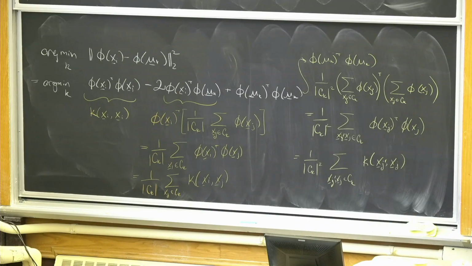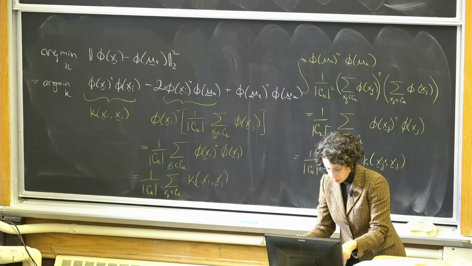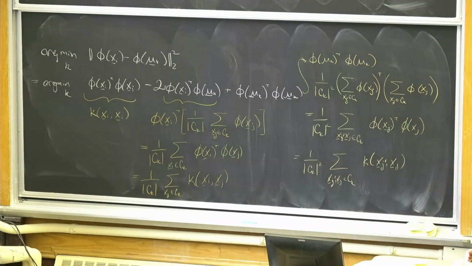Now we have an expression for this thing we're trying to minimize when we are making our cluster assignments that we can compute entirely using our kernel function. And so using this, we can write down an algorithm for kernel k-means. Are there any questions first?